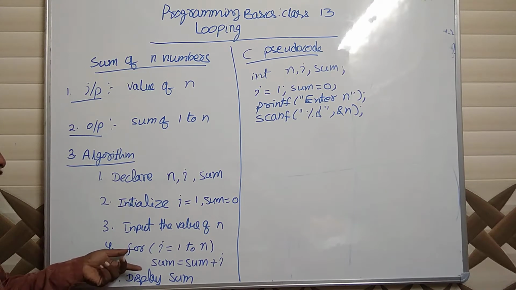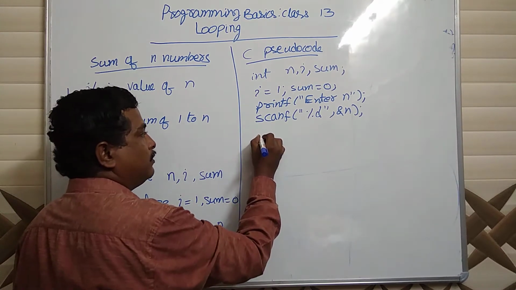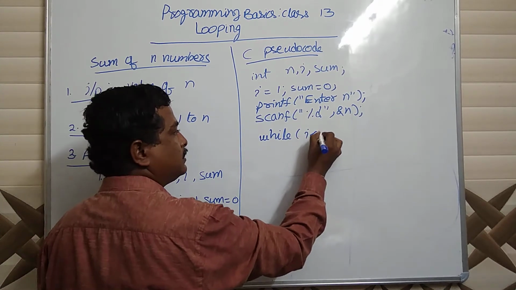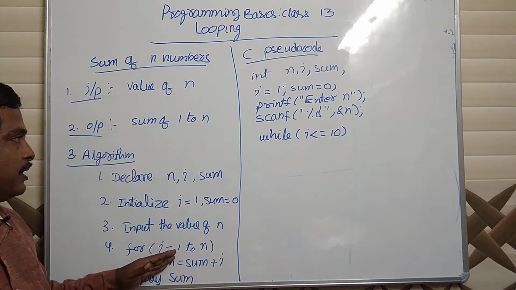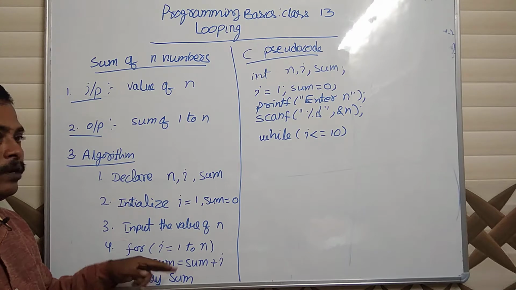In algorithm, I have taken for loop. You can take any loop, while, do while, for any loop. So I will take while I less than equal to 10. Already I is initialized to 1. Now I will run up to 10.